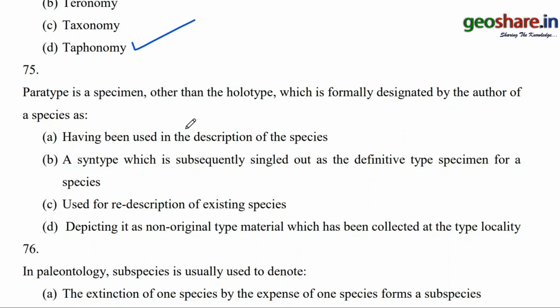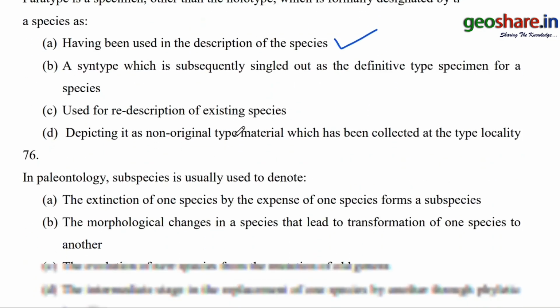Paratype is a specimen other than holotype, which is formally designated by author of a species as having been used in the description of species.